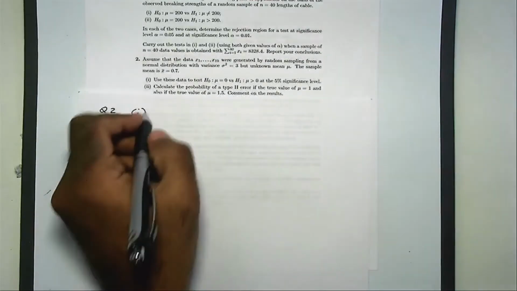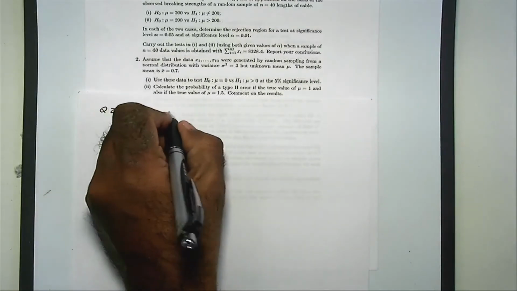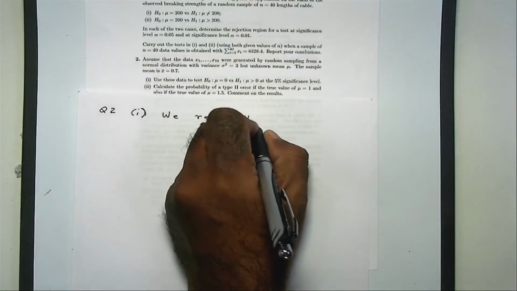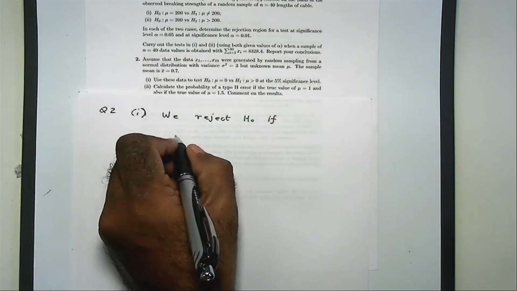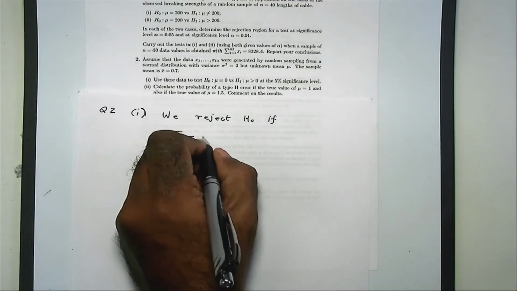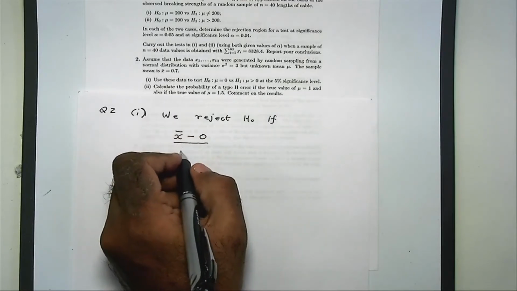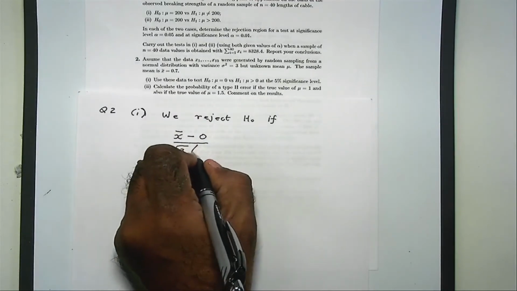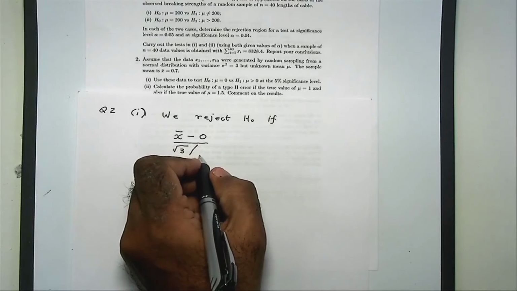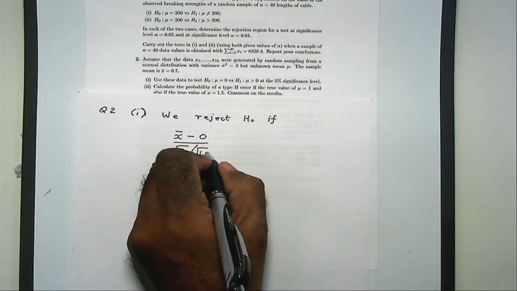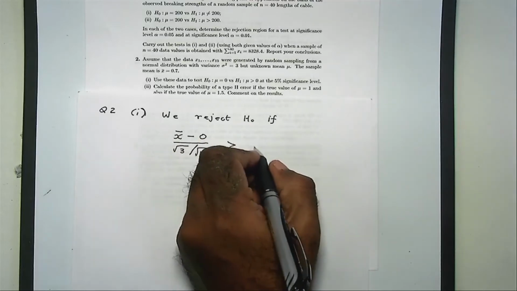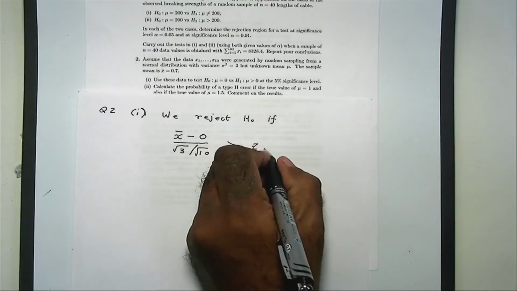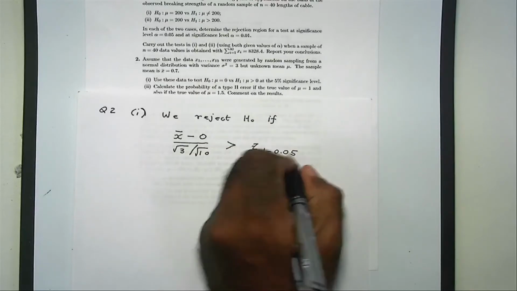So we reject. So let me write it. We reject H0 if x bar, the sample mean, minus mu 0, which is 0, divided by sigma, which is square root of 3, divided by root of n, which is root of 10, right, is greater than z 1 minus alpha, where alpha is 5%, so it's 1 minus 0.05, right?